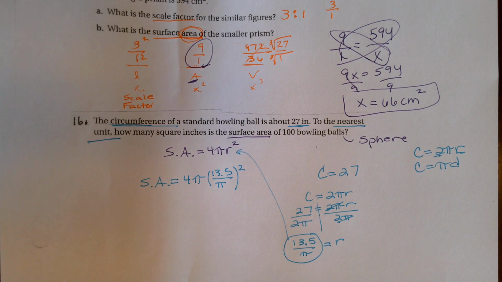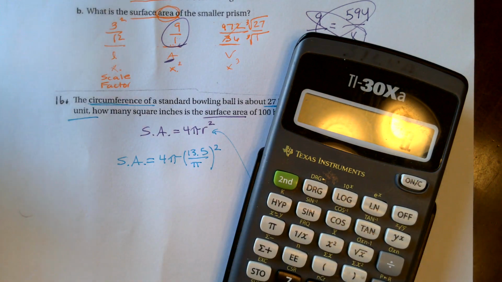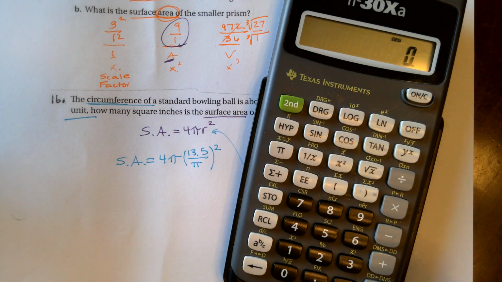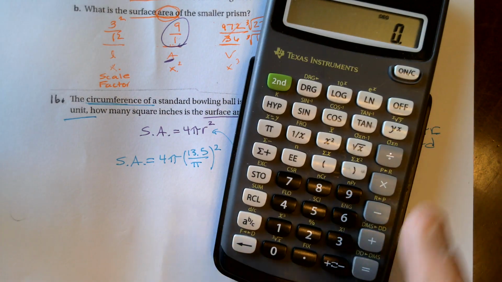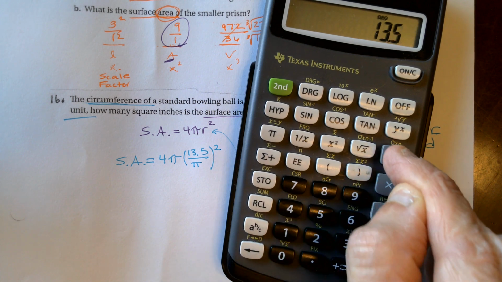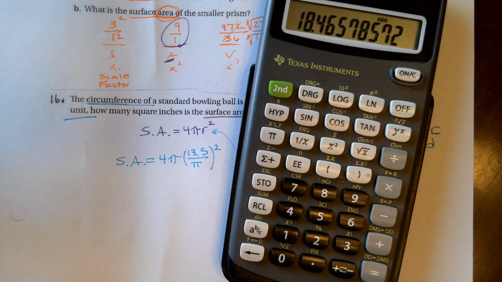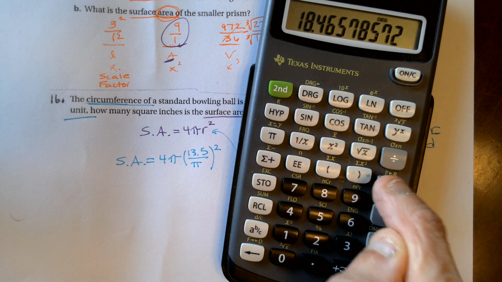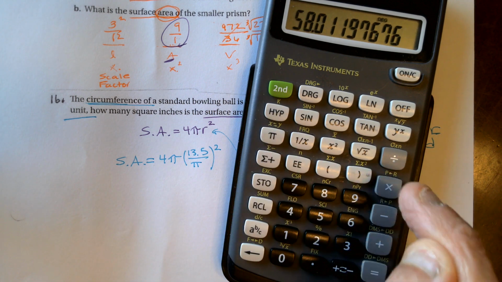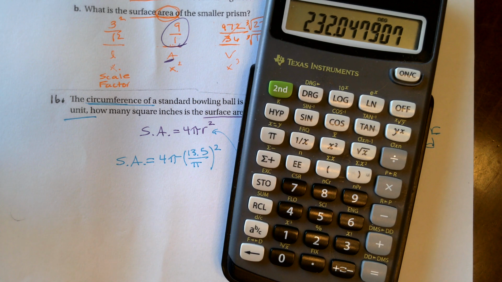Now, let's grab a calculator. Okay, we're going to start in the parentheses. 13.5 divided by pi button equals. Okay, so I got the inside of the parentheses. Now I'm going to square it. Now I'm going to multiply it by pi. Now I'm going to multiply it by 4 and push equal.